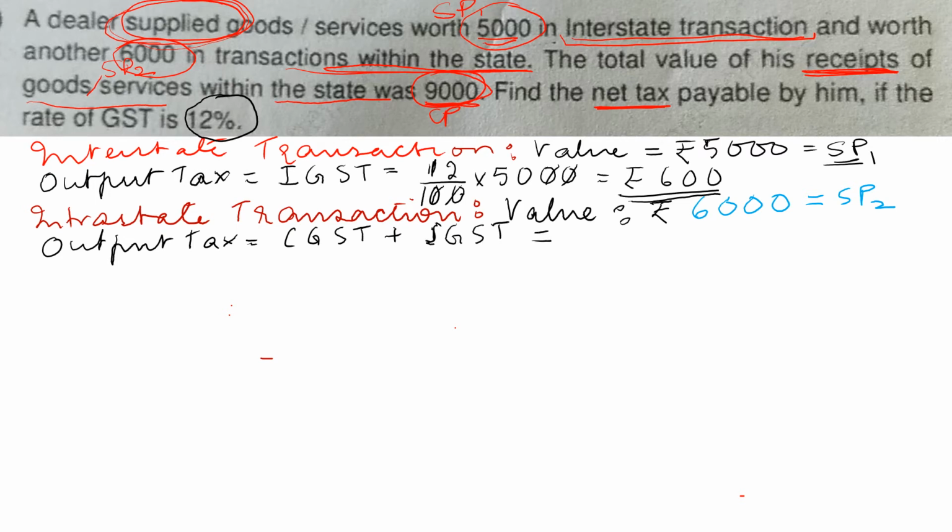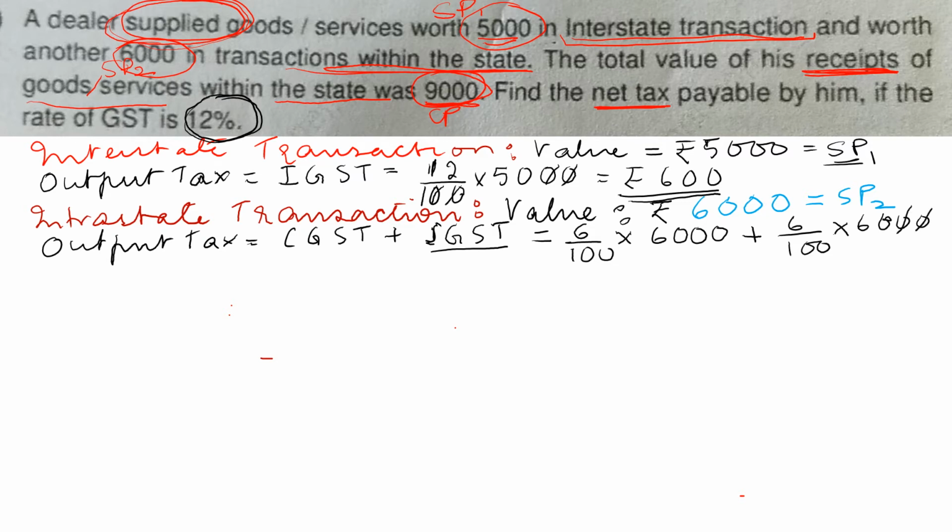The rate being 12%, CGST will be half of that. So 6 upon 100 into 6,000 plus SGST will be 6 upon 100, that is 6% of 6,000.